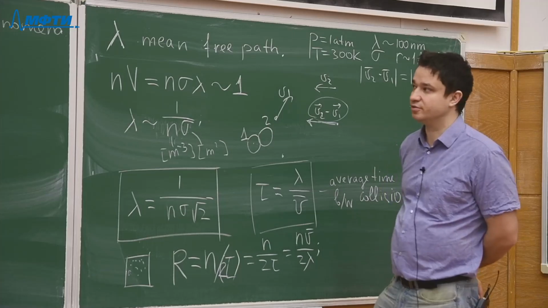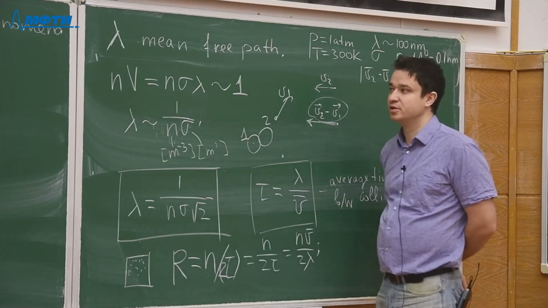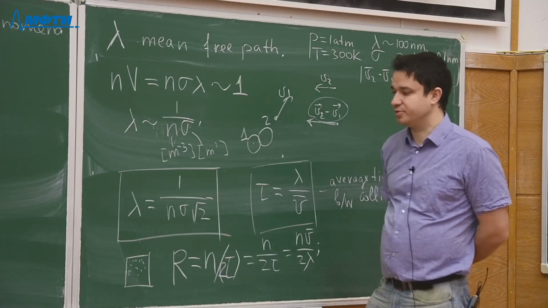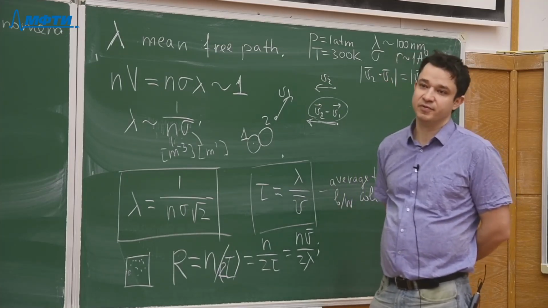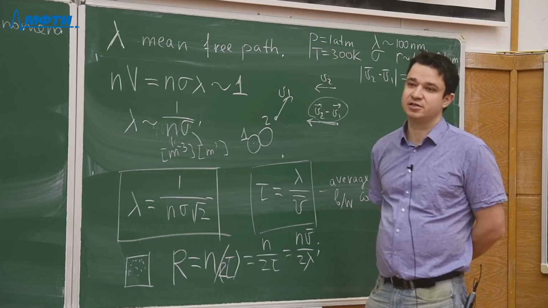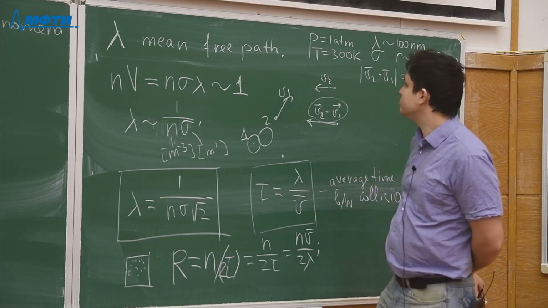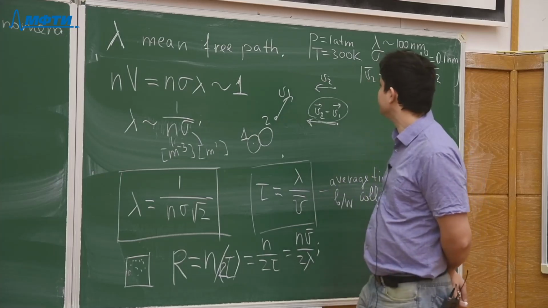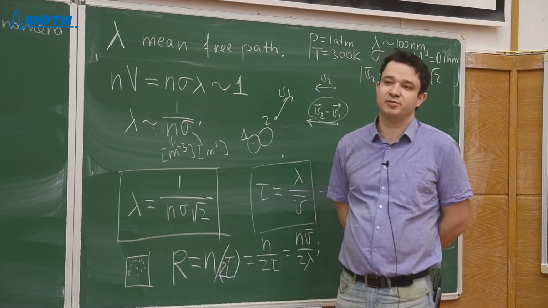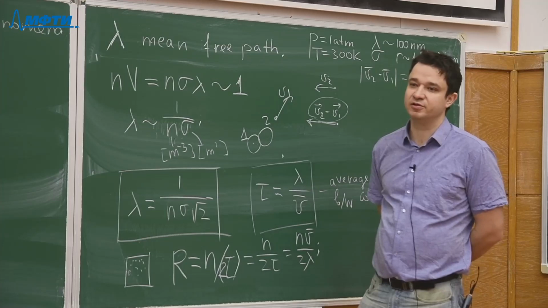So the interaction force between molecules is negligible, as if the molecules move independently from each other in the vessel. But it turns out that they experience collisions so often that they can travel only about 100 nanometers before colliding with something else.